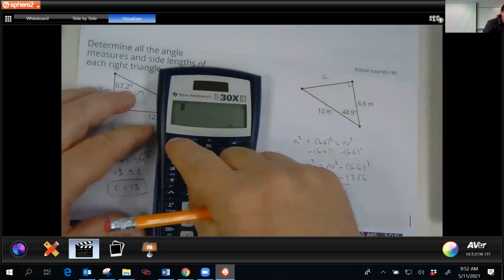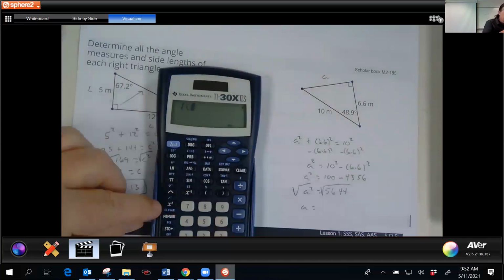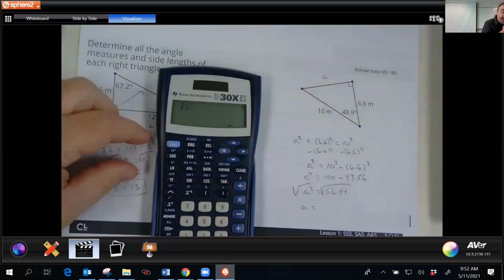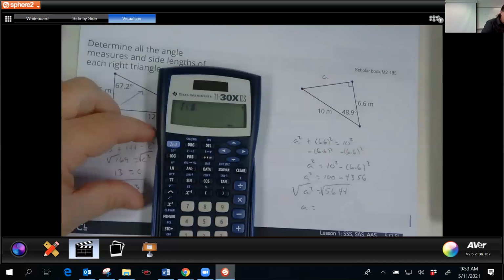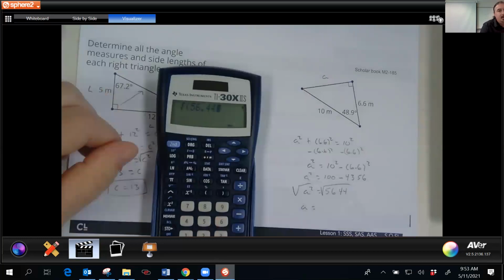And the square root button on your calculator, don't forget to hit the second. It's going to take you to these blue lettered inputs on the top of the buttons. 56.44. And I highly recommend that you close off the parentheses when you're working with a calculator like this.